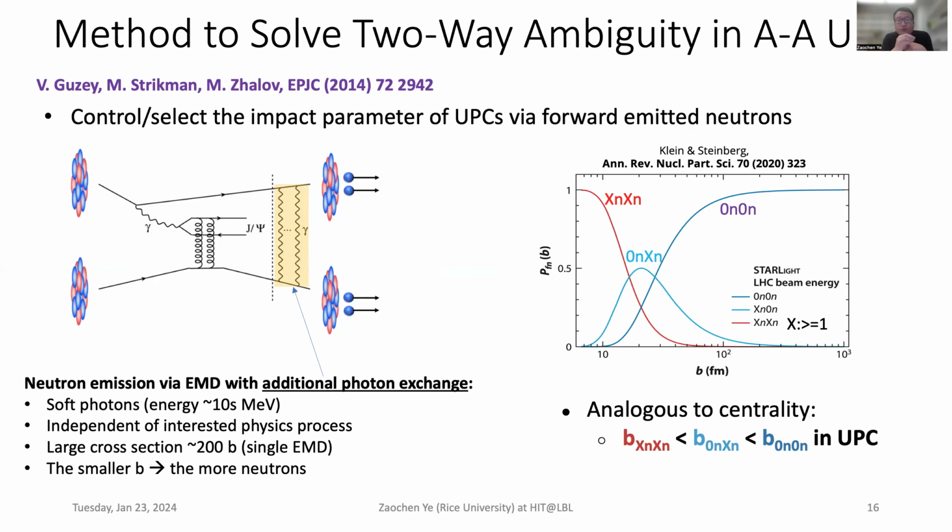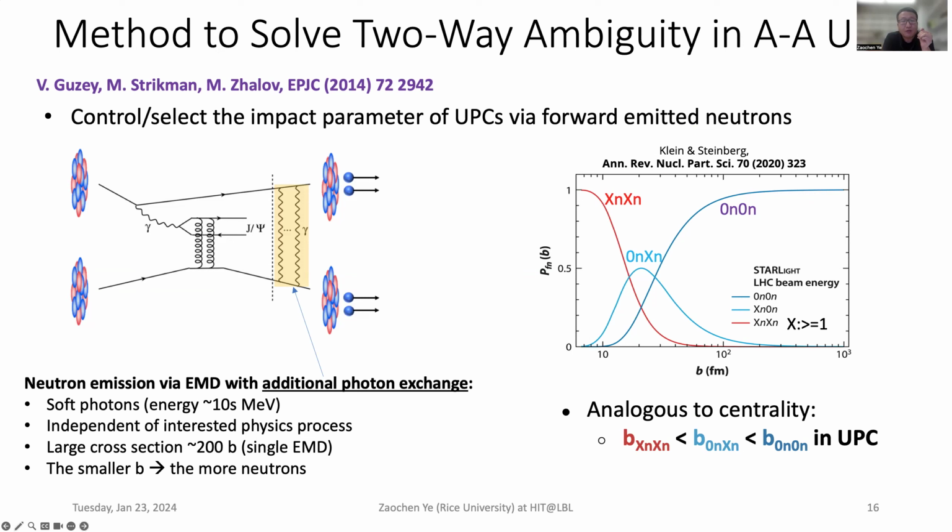We can make use of these neutron emissions to control or to know the impact parameter for the coherent J/psi production in the UPC. And in this case, it's actually similar to the centrality in hadronic ion-ion collisions.